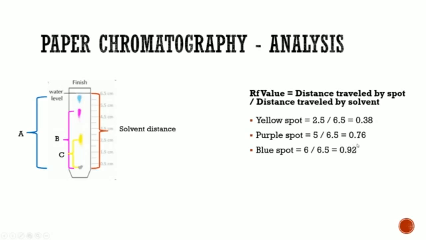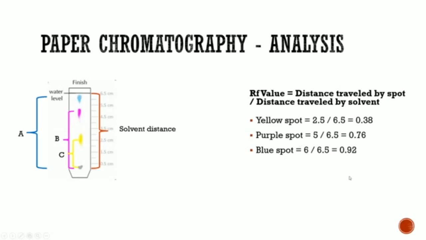This is really important because each substance has a unique RF value, and in an examination setting, they will give you a little chart that states, this substance has an RF value of this. So, for example, in this example, we get an RF value of 0.92 for the blue spot. If you look at the reference table, it will say something like 0.92 RF value is called XYZ.